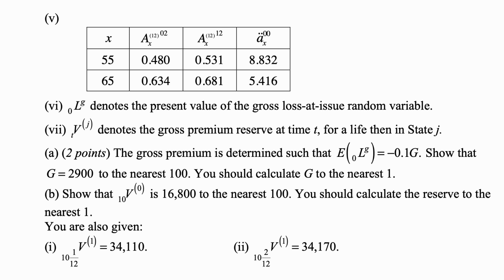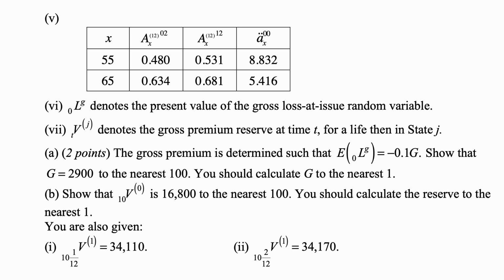Next, we're also given the values of certain actuarial present values of certain actuarial functions, for age 55 and 65. The first one is payable monthly, a form of life insurance that pays if you transition from state 0 to state 2.